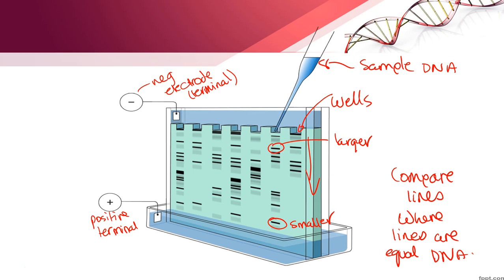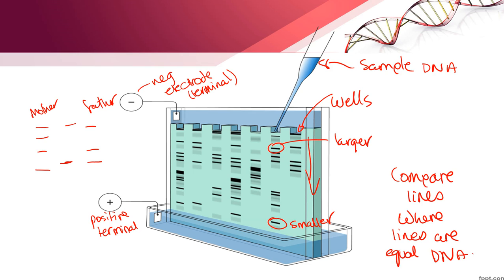So this means that if we take DNA from the mother and the father, we might see a different combination of alleles like this. And then the child, we can see which traits. So if this is the mother, if this is the father, then we would expect the child might have some from the mother and some from the father, and we can identify disease traits and compare them.